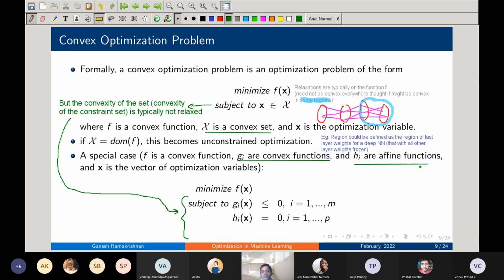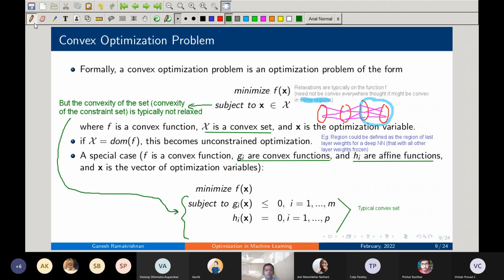The h_i's being affine functions is again an example of a convex set. So these are typically convex sets. Okay, any question?